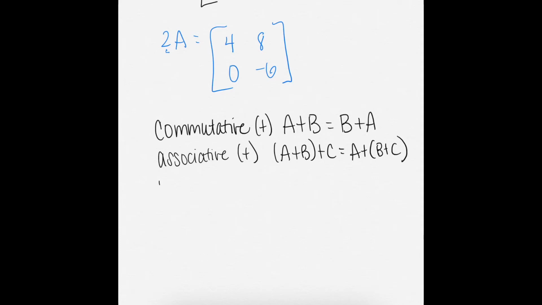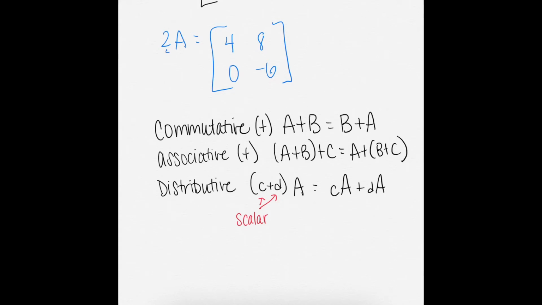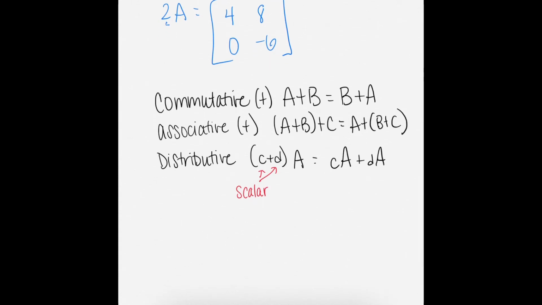And then the distributive property when it comes to scalars. So let's say I had, I'm going to put a little c and a little d representing scalars. These are scalars, just a number, not a matrix. So if I had two constants, c plus d times A, that's the same thing as c times A plus d times A. A is the matrix here.